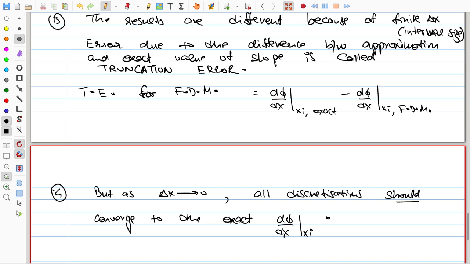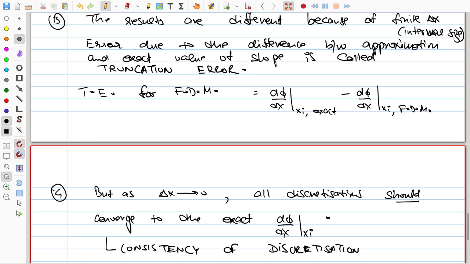But in that process of introducing stability, we forget about the basic idea that your method should be consistent. This idea is called consistency. Well, that is the most fundamental idea. If you take the limit delta x tends to 0, your discretization should tend to the exact value of the derivative.